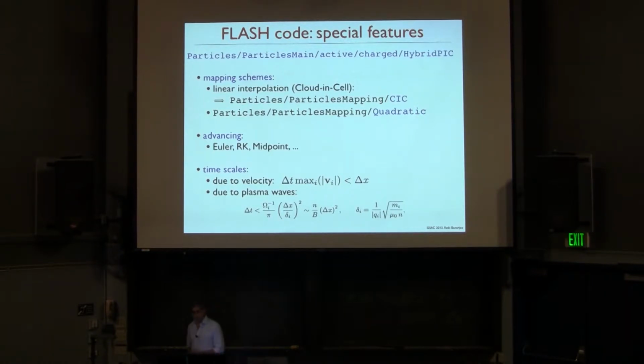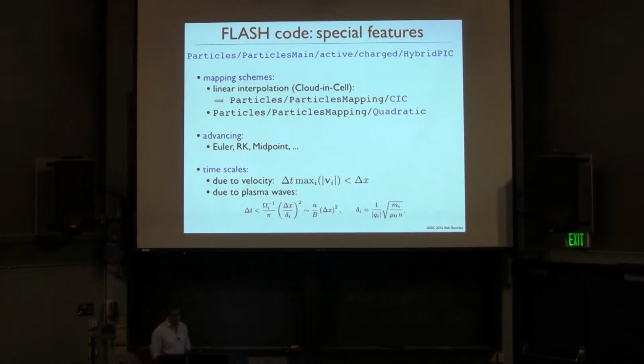So far there are two ways to do this. One is the simplest way you can imagine, a linear interpolation back and forth, then the Cloud-in-Cell algorithm, or you can extend this to a second order scheme, a quadratic scheme.